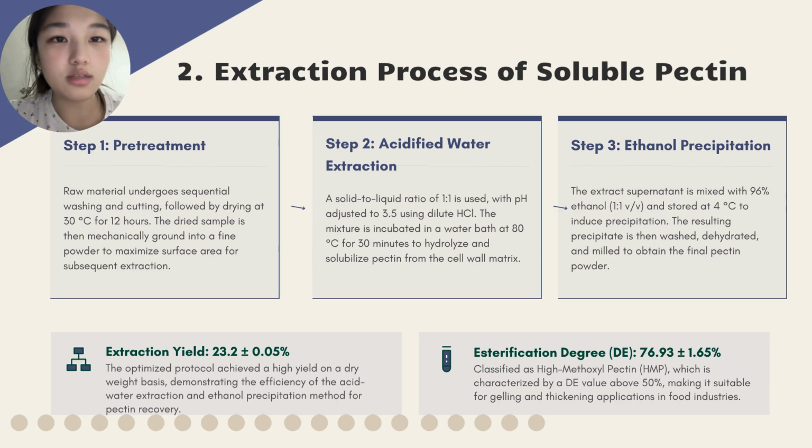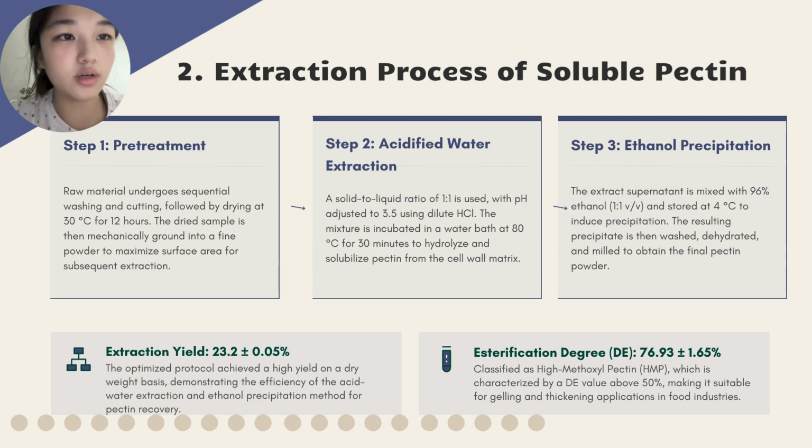The supernatant is then blended with 96% ethanol at a 1:1 volume ratio and stored at 4 degrees Celsius to induce precipitation. Crucially, this optimized workflow achieved an impressive final extraction yield of 23.2 plus or minus 0.05% on a dry weight basis.